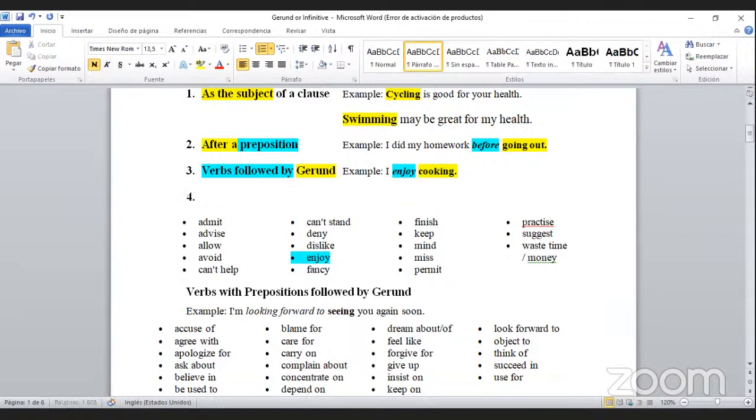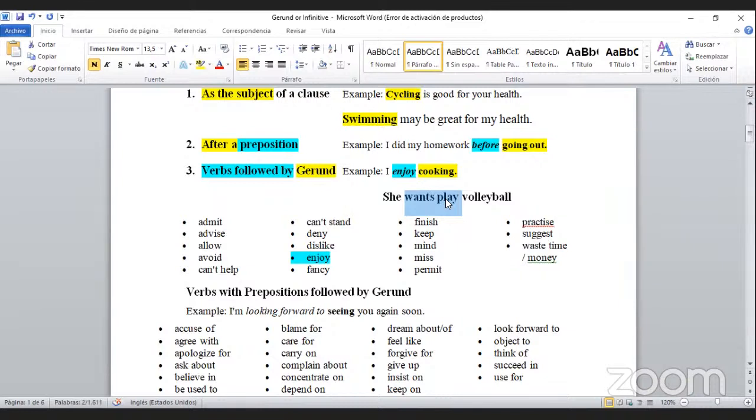But for example, what happens if I want to say, she wants to play volleyball, in present? Here I have two verbs, right?